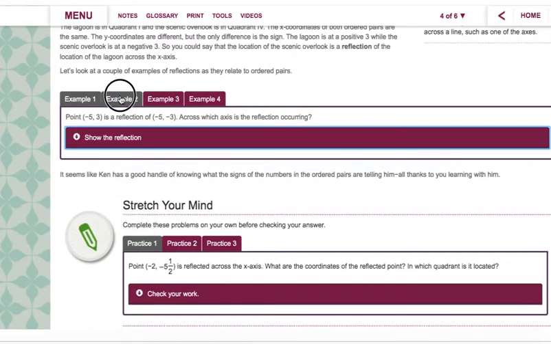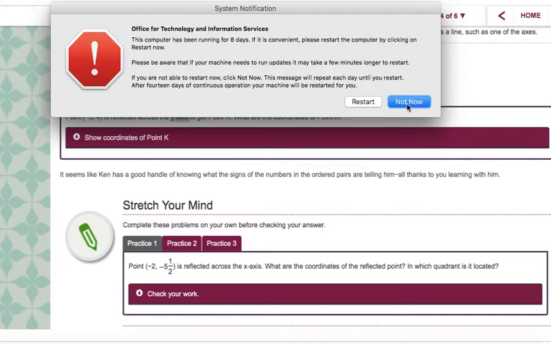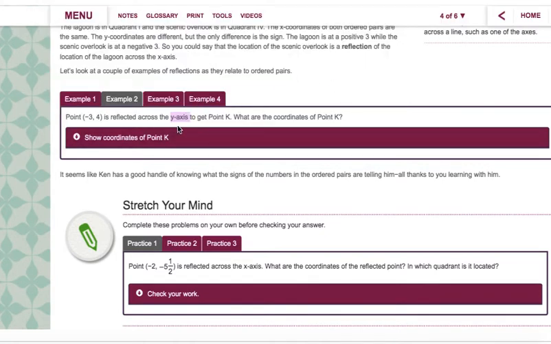Let's look at example 2. Same type of question, a little different here. Point negative 3, 4 is reflected across the y-axis to get point K. What are the coordinates of point K? The key word here is y-axis. If you're reflecting across the y-axis, you're keeping the y number.